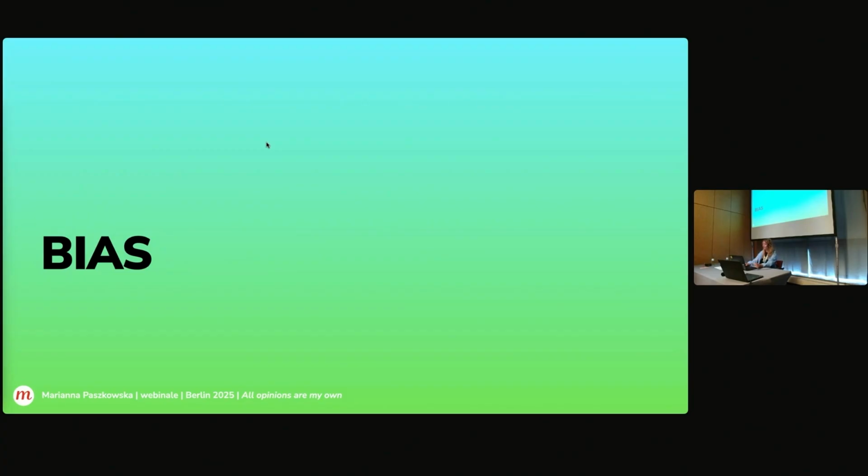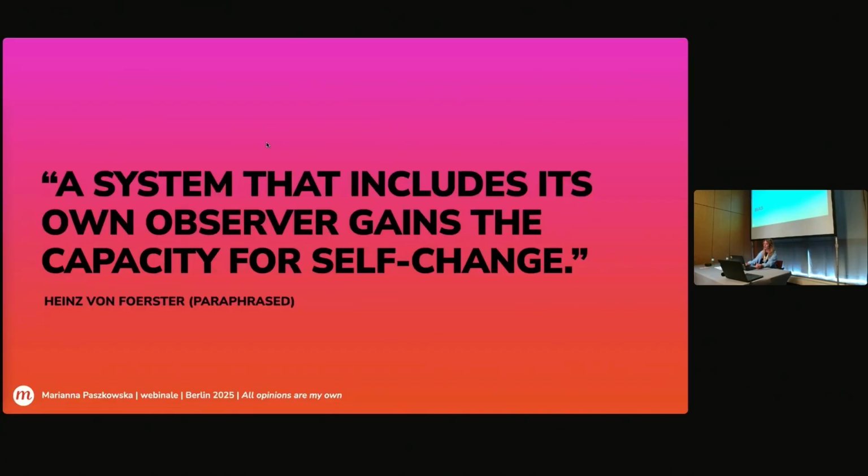We are multiplying it, making it faster, harder to detect, and harder to undo. So it's important to recognize that we are not outside of the system. We are part of the system that generates, validates, and evolves typography. And for that reason, we need to practice self-inquiry.